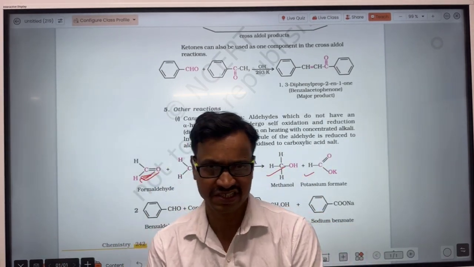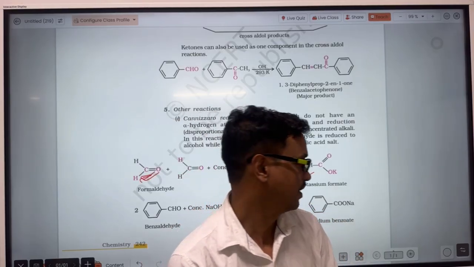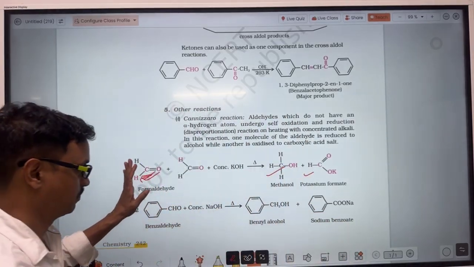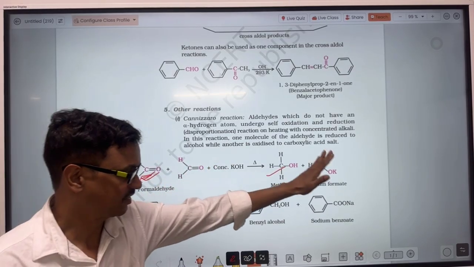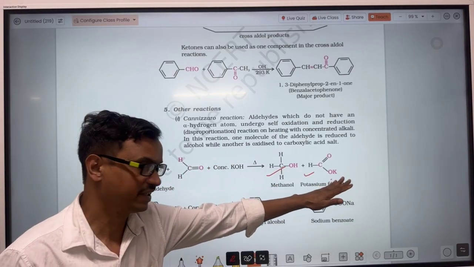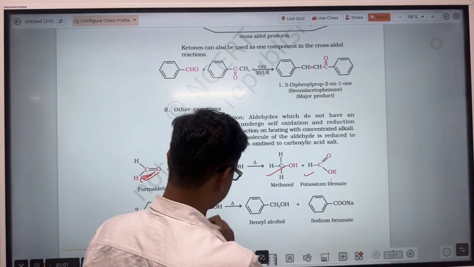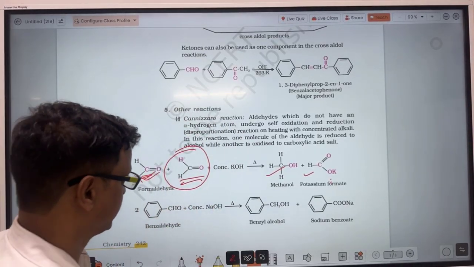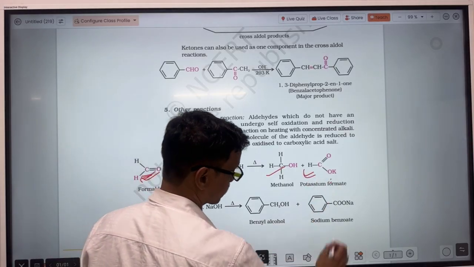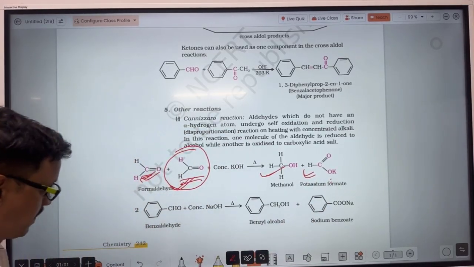So the Cannizzaro reaction is a type of disproportionation reaction, in which the aldehyde is converted into its alcohol as well as into its carboxylate ion. So the aldehyde not containing alpha hydrogen will be oxidized into the carboxylate ion and reduced into alcohol.